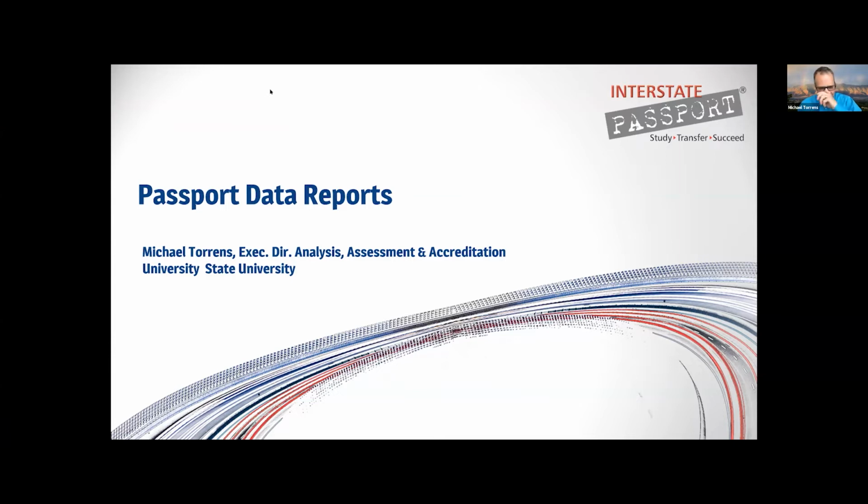So for example, when we're talking about the initial data file that we submit for passport completions to the National Student Clearinghouse, there's a link that goes to the formatting and submission guide. And when it's talking about your ability to go to the National Clearinghouse and request a passport verify file, which tells you which students have come in with a passport, you have the ability to verify that passport status with the National Student Clearinghouse.